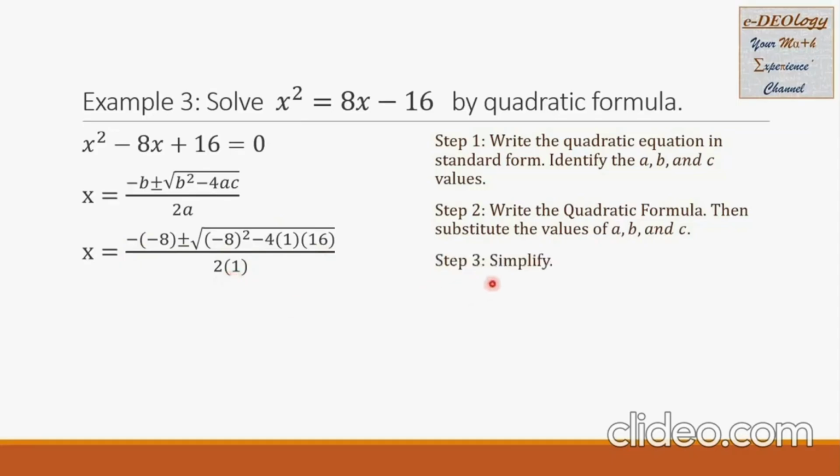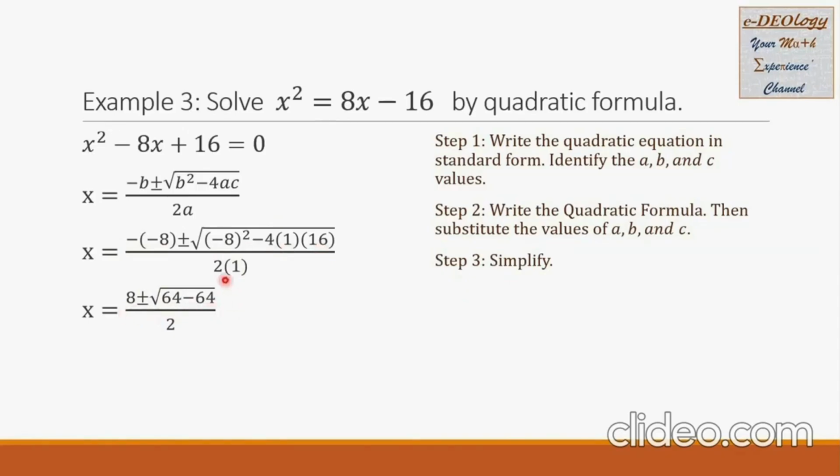Then step 3, we will simplify the formula. The negative of negative 8 is positive 8, plus or minus the square root of the square of negative 8 is positive 64. Then minus the product of 4 times 1 times 16 equals 64.